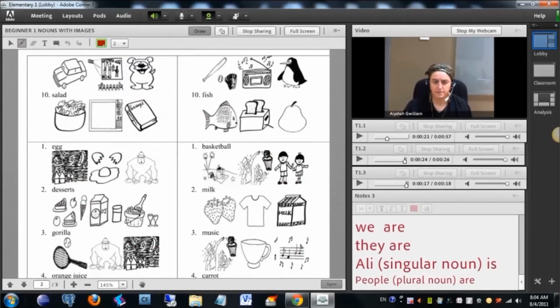Remember, this one was a movie. Okay, this is a salad. Egg, this is an egg. Desserts, these are desserts. Gorilla, this is a gorilla.